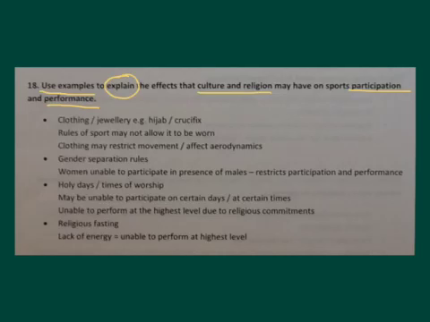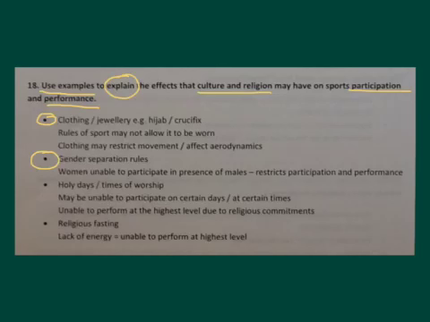So if you look down, we've got 4 bullet points splitting up the possible reasons that people could have talked about. So we've got things to do with clothing at the top, specifically examples of a hijab or a crucifix necklace, talking about whether rules will allow it and whether it may affect performance because of restricting movement or affecting aerodynamics. The second part, talking about gender separation, which we've read about, which we've learnt about in Islam.